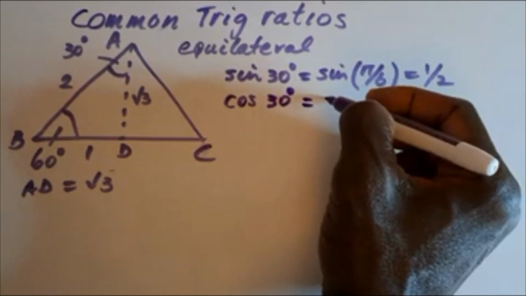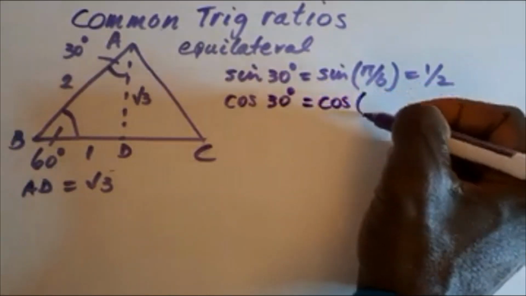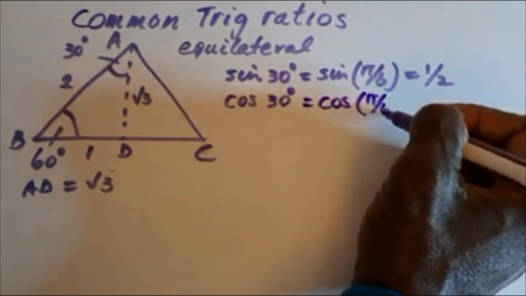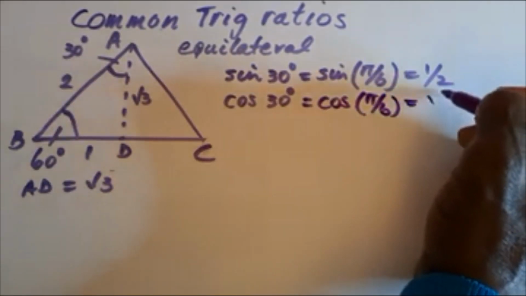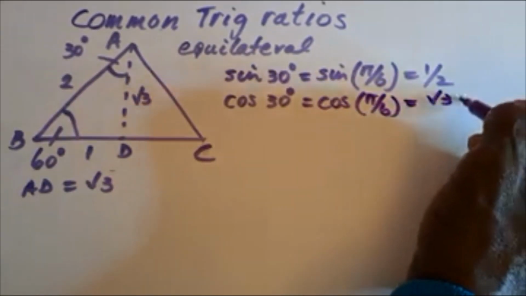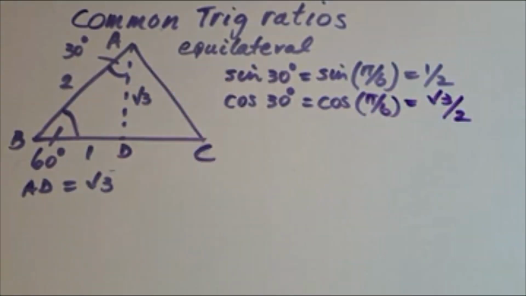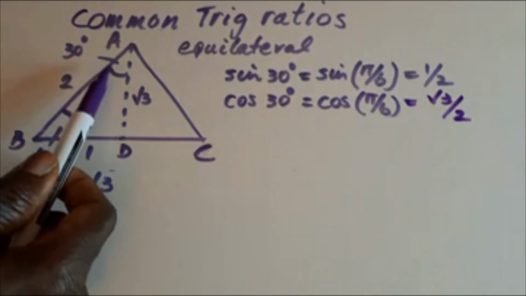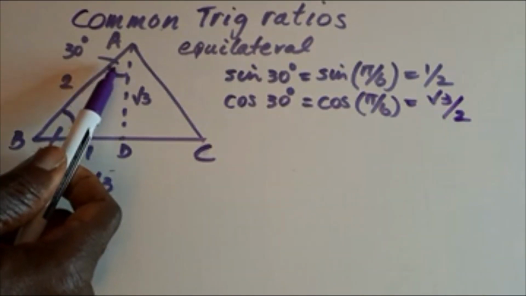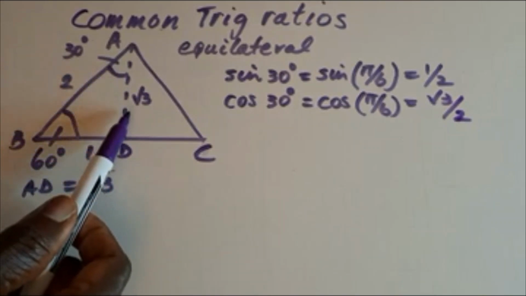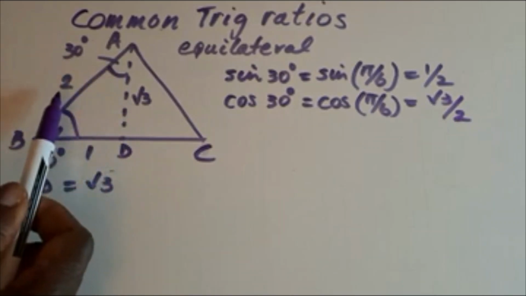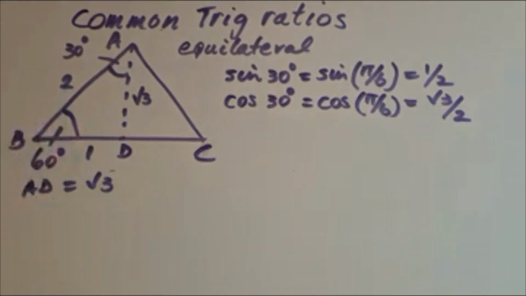That's equal to cosine of pi over 6. It's equal to root 3 over 2. So cosine of this angle is the adjacent side, which is root 3, over the hypotenuse, which is 2.